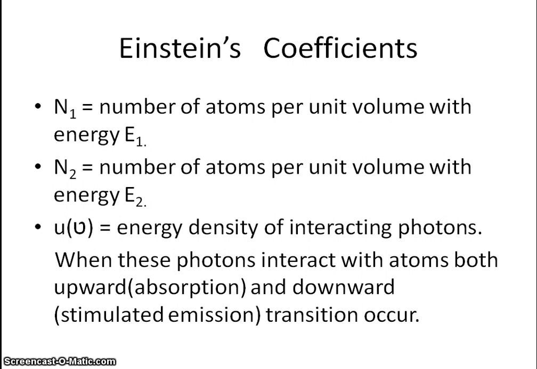When these photons interact with atoms, both upward transition and downward transition occur. What is the upward transition? Absorption. And what is the downward transition? Stimulated emission. Here you have to understand that spontaneous emission does not require any external photons.